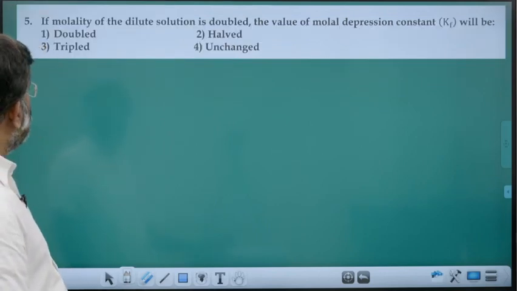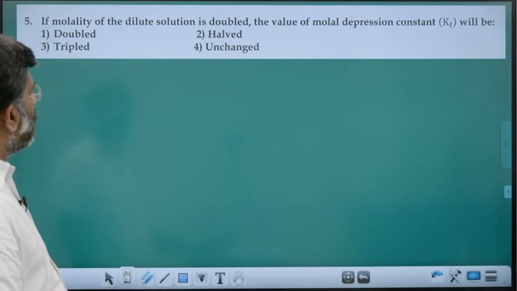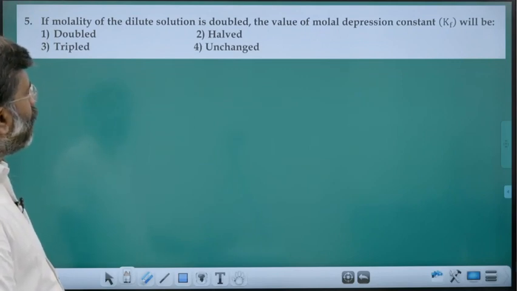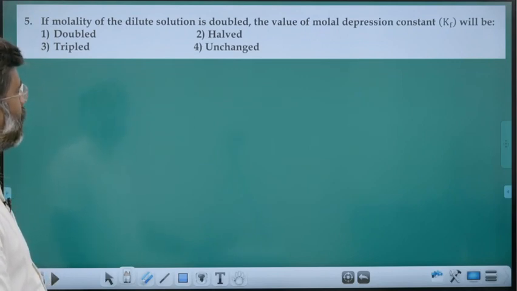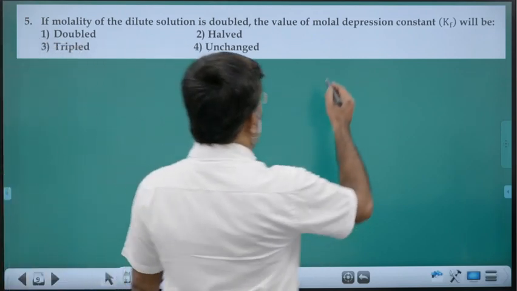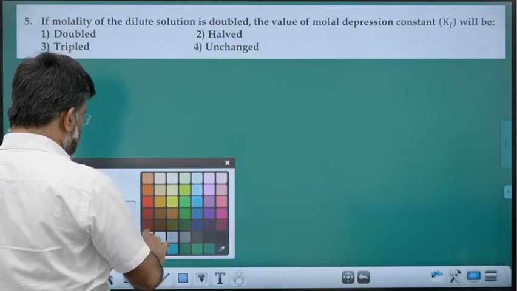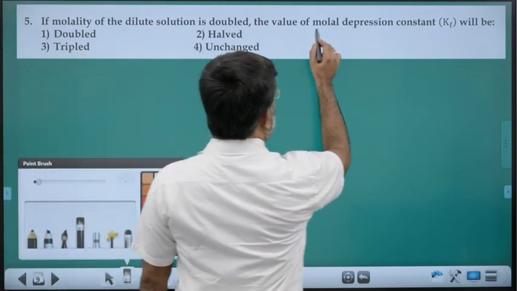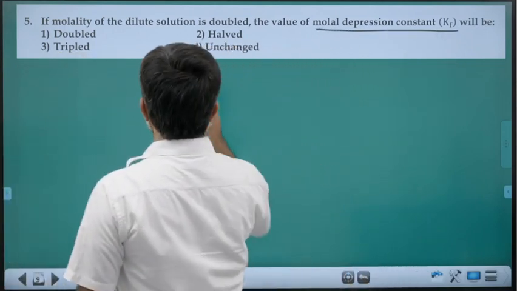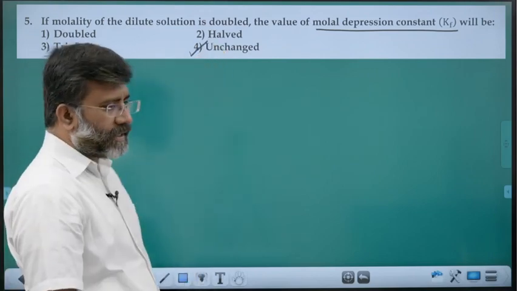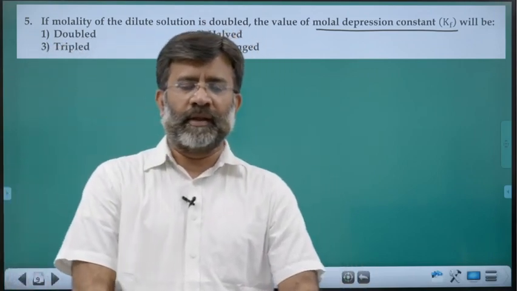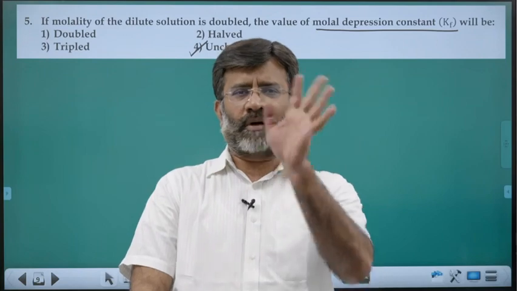If the molality of a dilute solution is doubled, the value of the molal depression constant will be? The molal depression constant is a constant, so it remains unchanged. By changing the molality of the solution, Kf and Kb won't change.